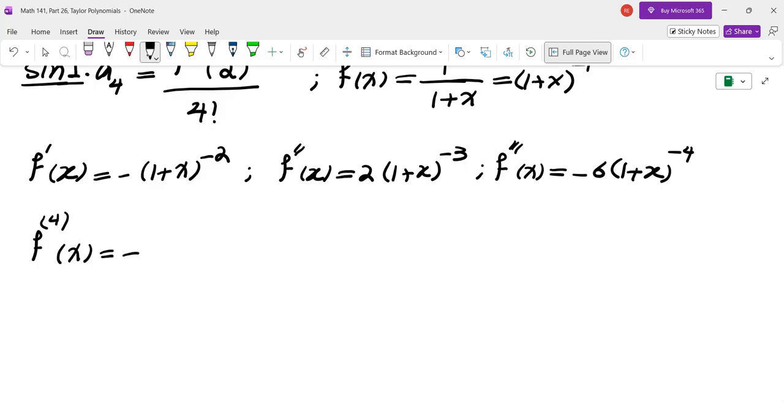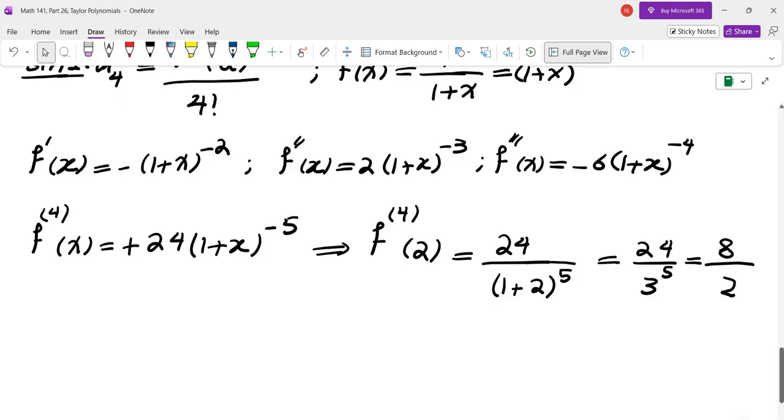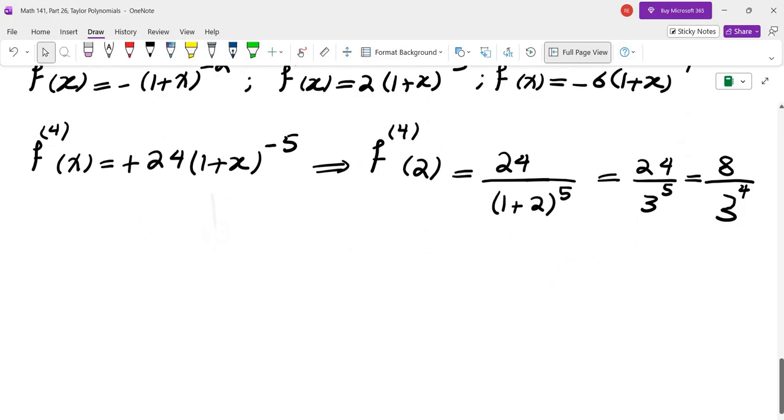That is plus 24 (1 plus x) to the power of negative 5. Now we can plug in 2 here. We get the fourth derivative at 2 is equal to 24 divided by (1 plus 2) to the power of 5. So this is 24 over 3 to the 5th, and we can simplify this slightly. That is 8 over 3 to the 4.